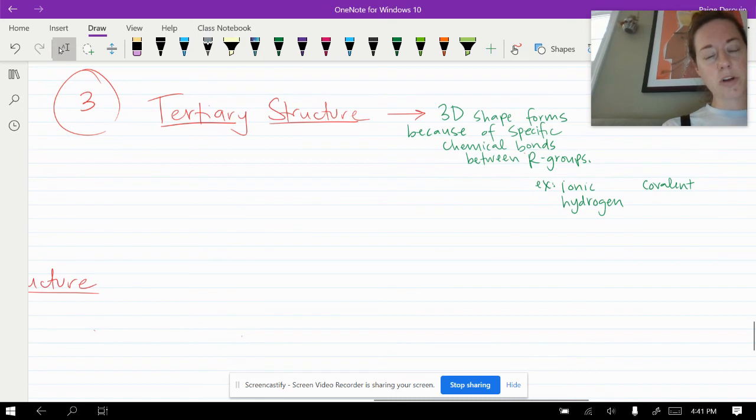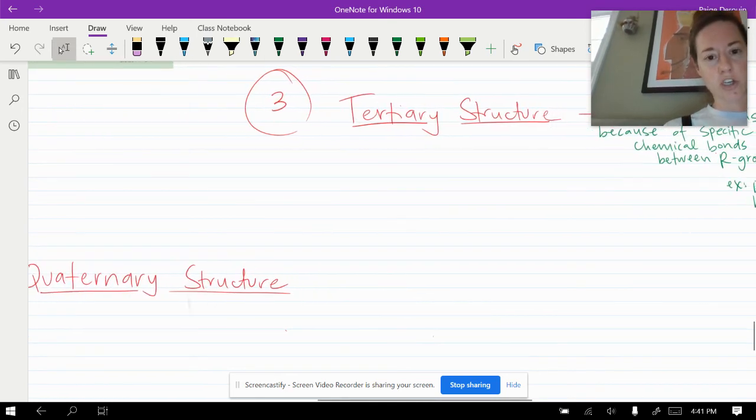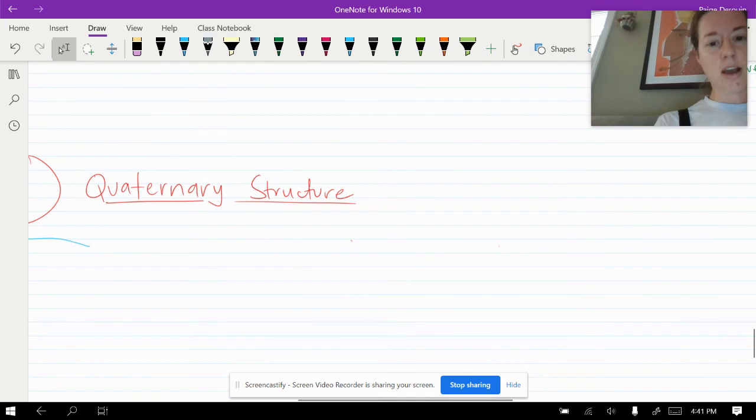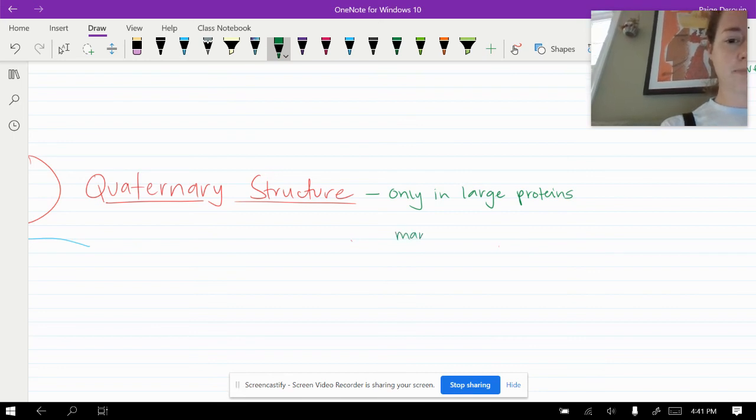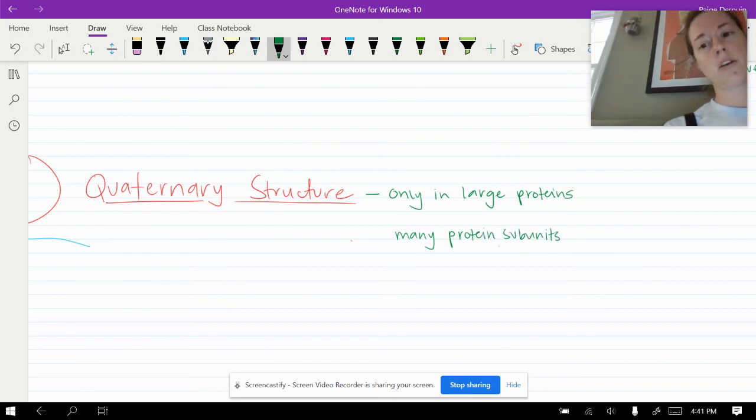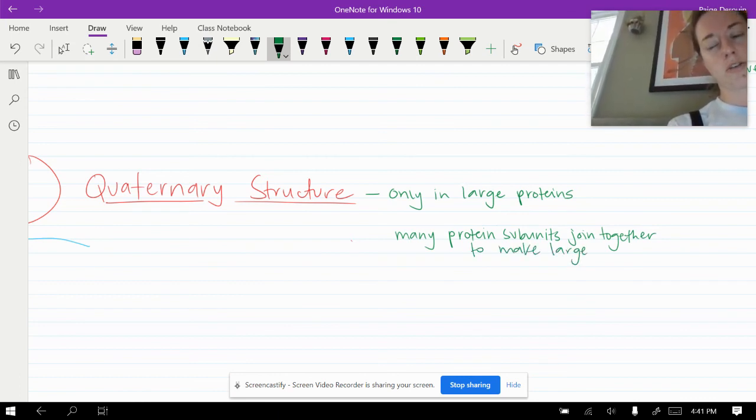Now, the last level of protein folding is called the quaternary structure. Quaternary means fourth. And this only happens in some proteins, say only in large proteins. But what happens is that many protein subunits that have been folded join together to make a large protein.